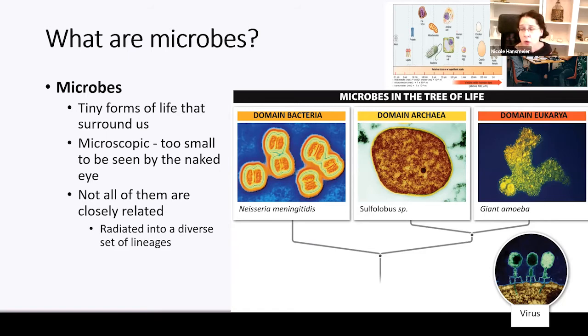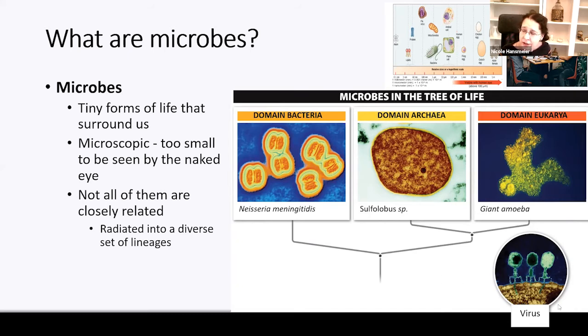So you all know from school the tree of life with different domains. We have eukaryotes, plants, animals, and us, we fall into this domain. Then we have archaea, and we also have bacteria. And microbes belong to all of these domains. So you can find them in all.